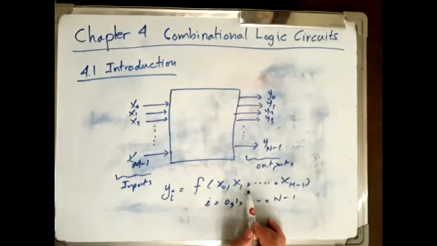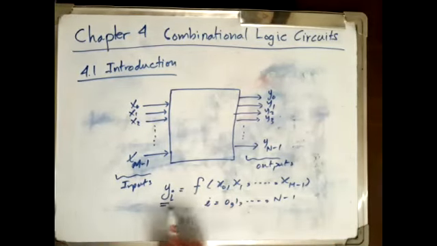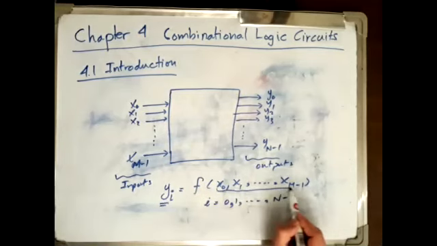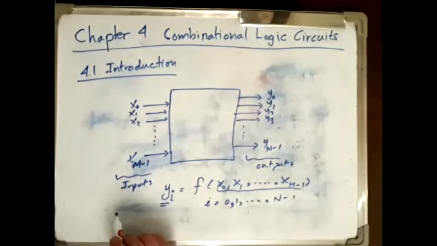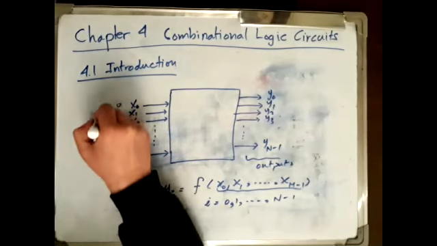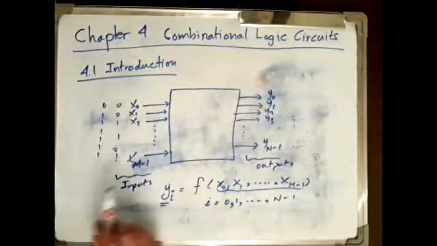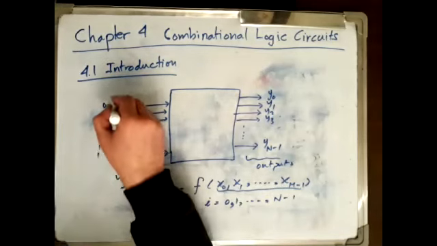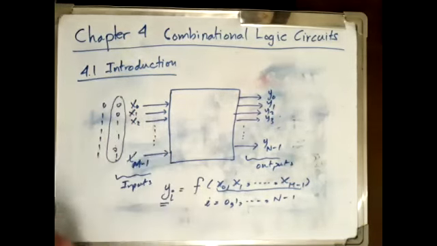At any instant of time, the output is a function of the input combination. So whatever value you put here, the output will only depend on this input combination.